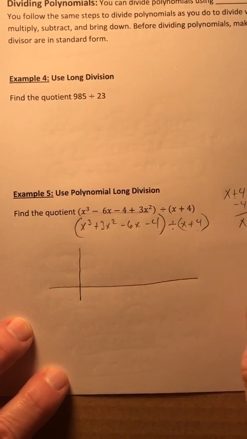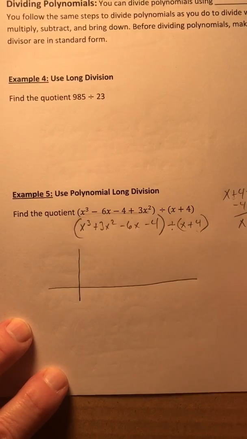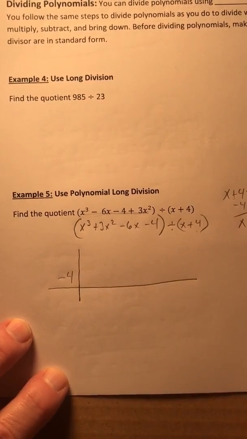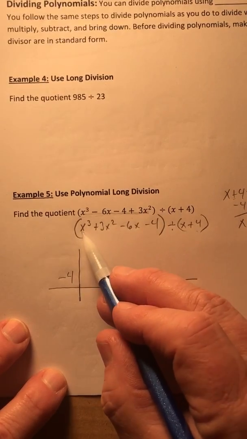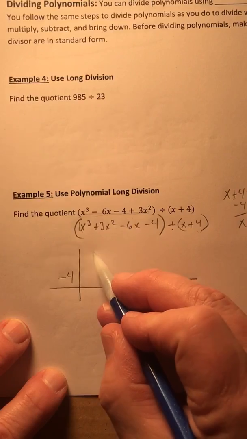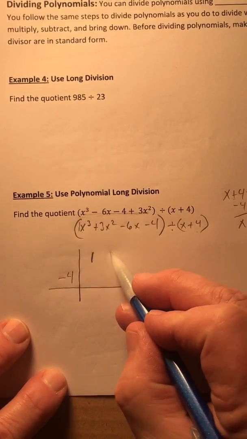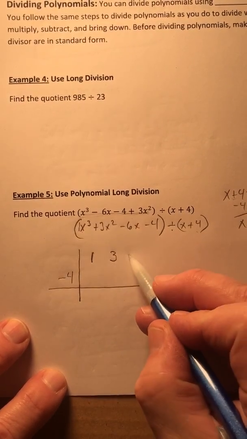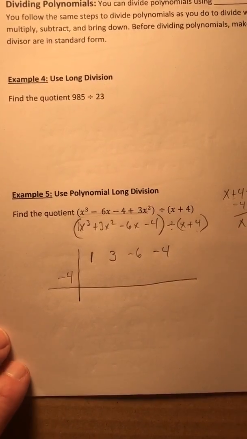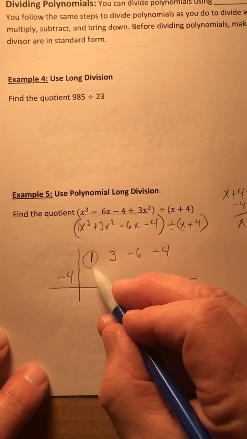You make a sort of sideways T, and you take the negative 4 and put it right here. Now we take all of the coefficients. So x cubed, remember it's a 1 there, so we put a 1. Then we put the 3, then the negative 6, then the negative 4. What we do is drop this first one down.